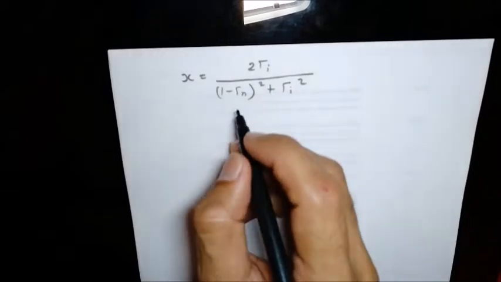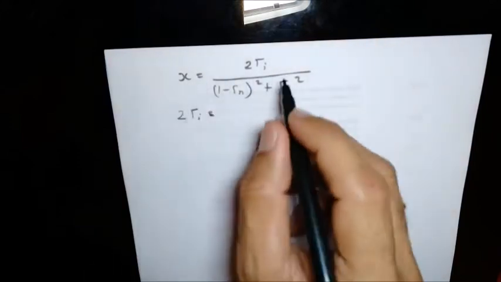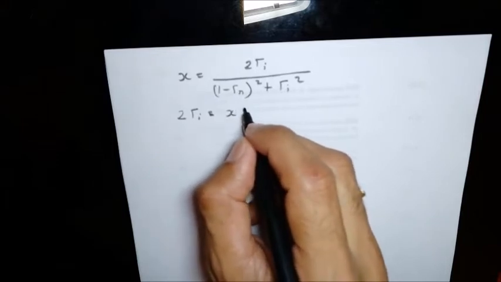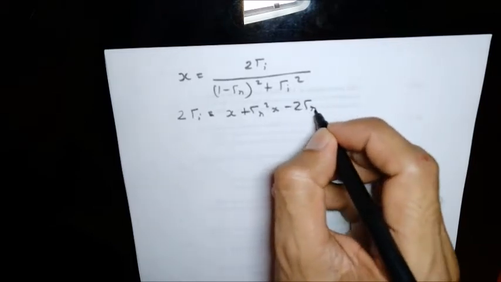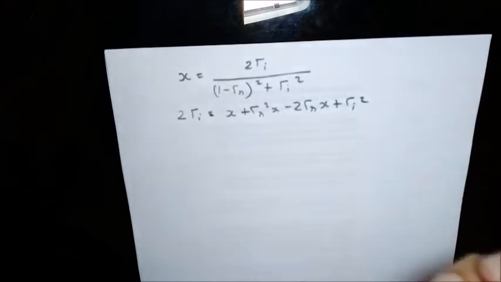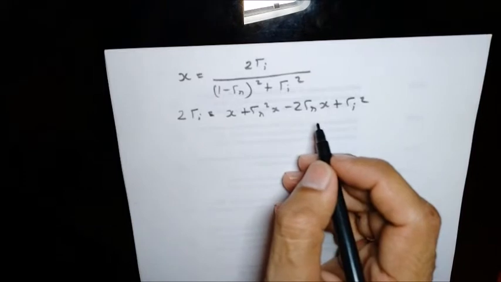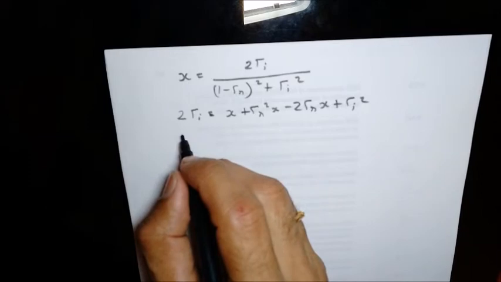Okay, now I will manipulate this as I did earlier. So 2 gamma I is equal to, again multiplying both sides by the denominator, we will have x times 1 minus gamma r square, that is x minus 2 gamma r x plus gamma r square x plus gamma I square x, and as we did earlier, we can divide throughout by x.